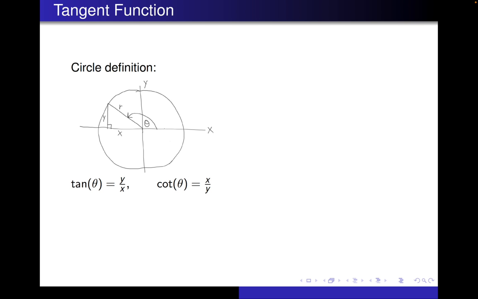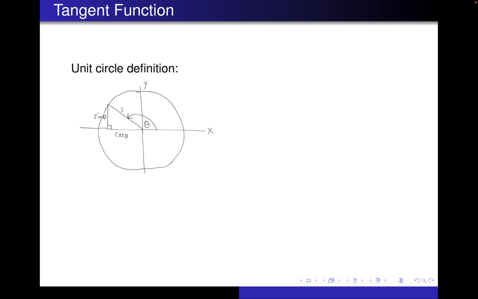Now, if we look at this in terms of the unit circle, it gives us another interesting definition. The unit circle has radius 1, and remember the x-coordinate in this case is cosine theta, and the y-coordinate is sine theta. That means the tangent of theta, the opposite over the adjacent, is sine theta over cosine theta, and the cotangent of theta, the adjacent over the opposite, is cosine theta over sine theta.